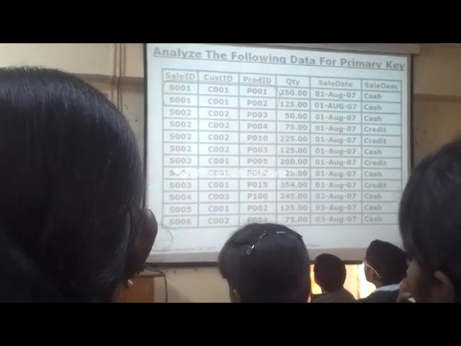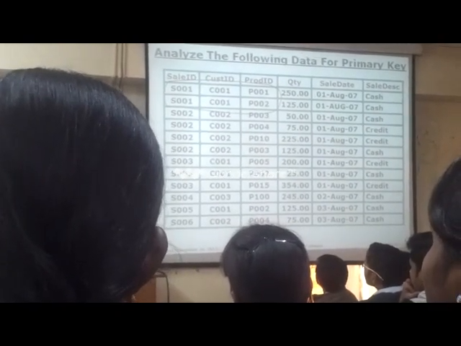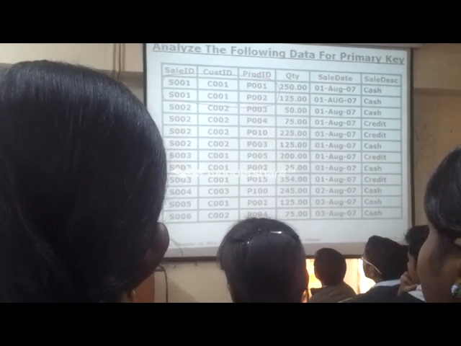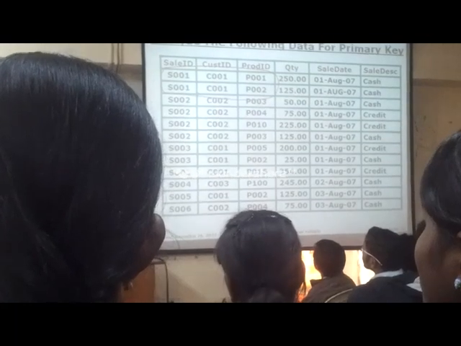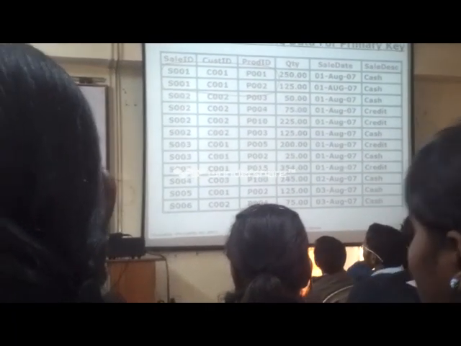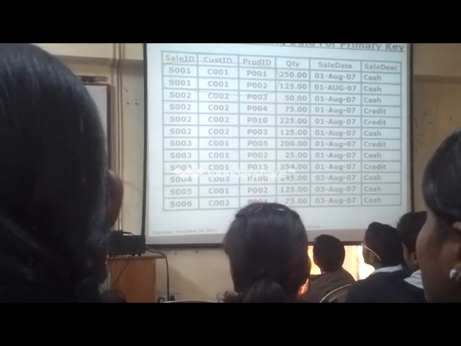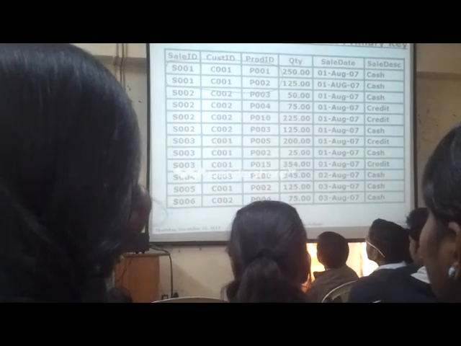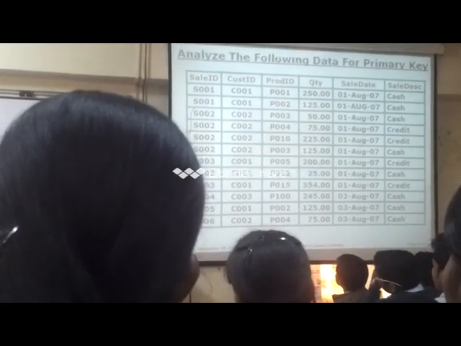So is this a unique combination or a different combination? Unique combination. Why? Because by product these two values are unique. You can't say sale and customer ID are duplicated, because of the product; customer ID and sale ID are always unique by nature.